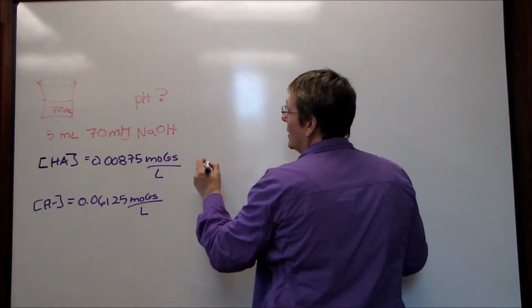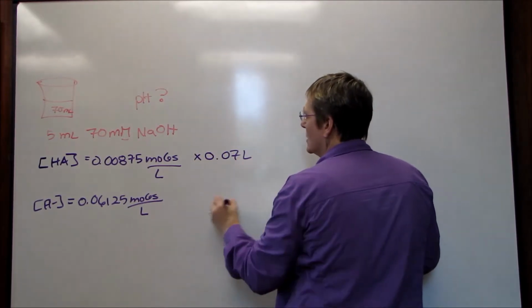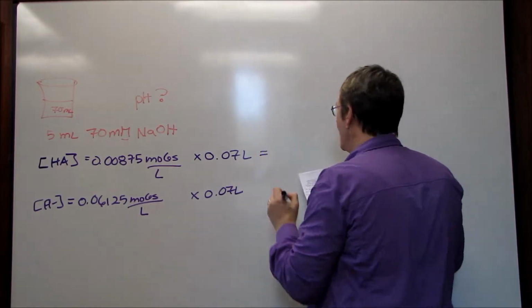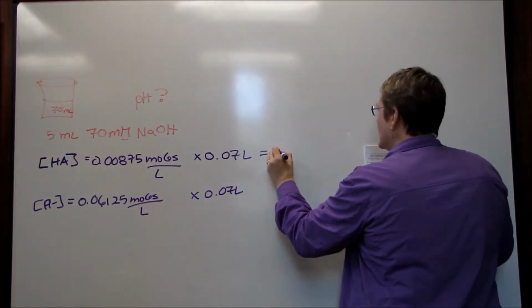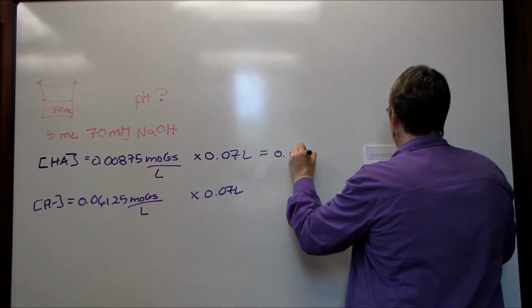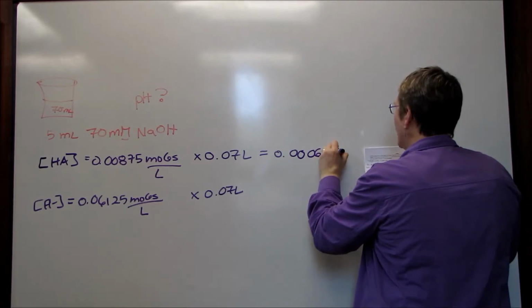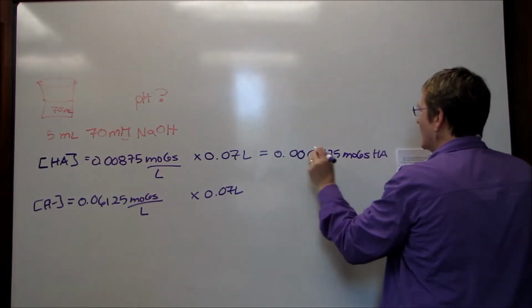So we have in there 70 mils, 0.07 liters, okay? So now we can figure out how many moles of each we have. That is 0.0006125 moles of HA.